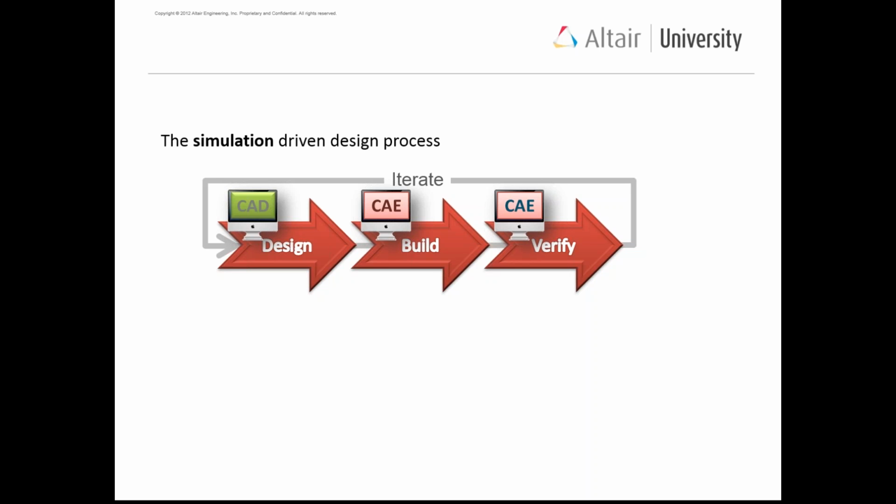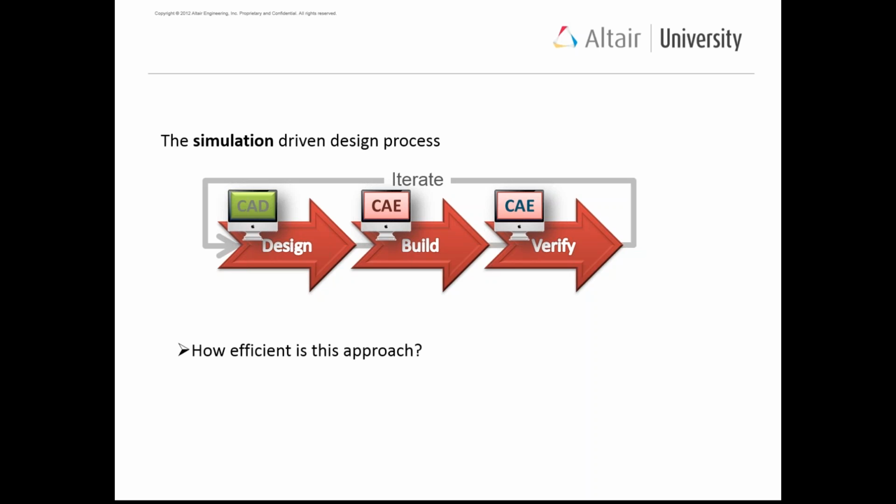You generally start with a particular shape, which you generate using your CAD, and you then use CAE to build a model and verify its performance. If it's not satisfactory, you go back to your CAD tool. This is the iteration that we follow, and the question is, how efficient is this approach?